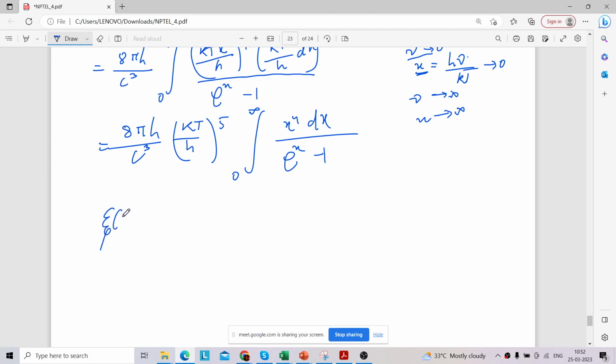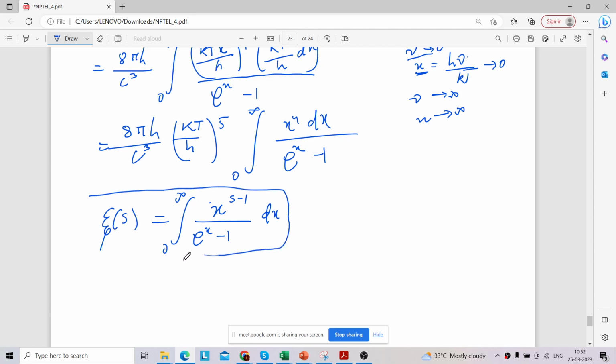Zeta of s is defined as the integration from 0 to infinity of x to the power s minus 1 divided by e to the power x minus 1 dx, where I use s since x is already taken. So if we compare this integration and that integration, what is this integral value in terms of the zeta function?